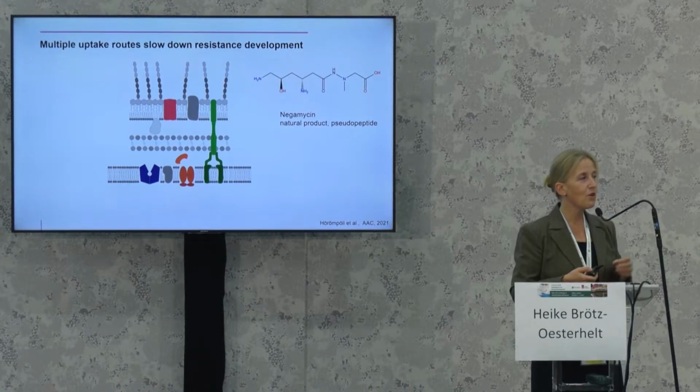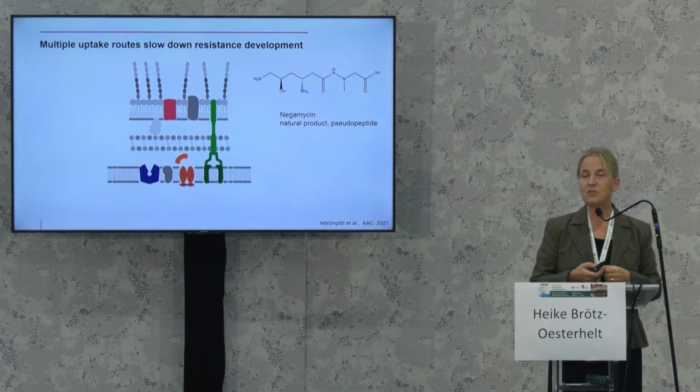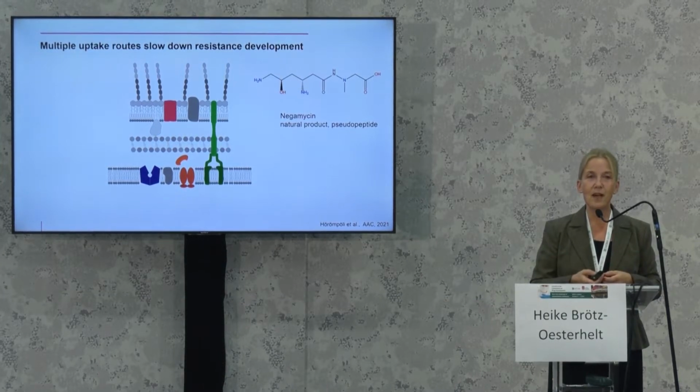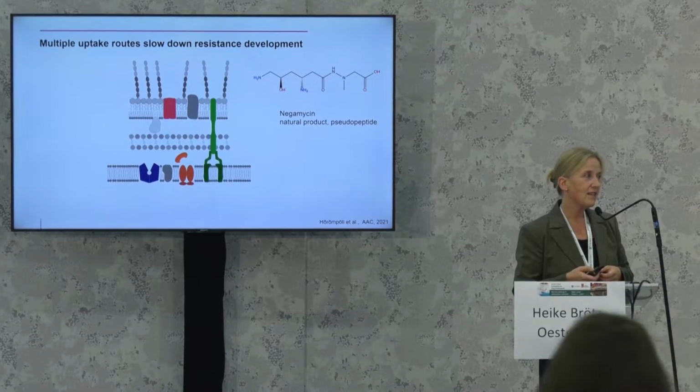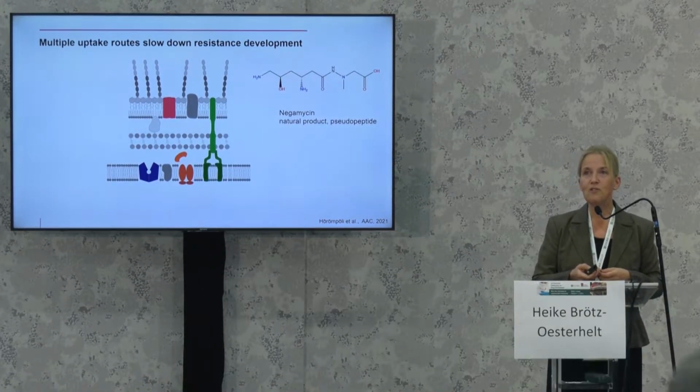And we have been looking more in depth into the uptake of the molecule into the bacterial cell to better understand it, because we think particularly for a molecule like this, uptake is as important as optimization at the target. And we found actually that this molecule has a number of uptake routes.